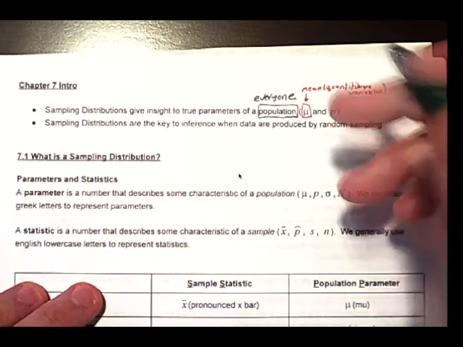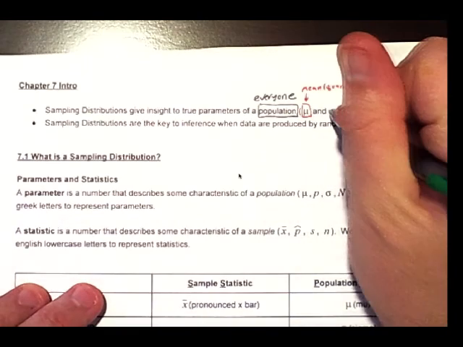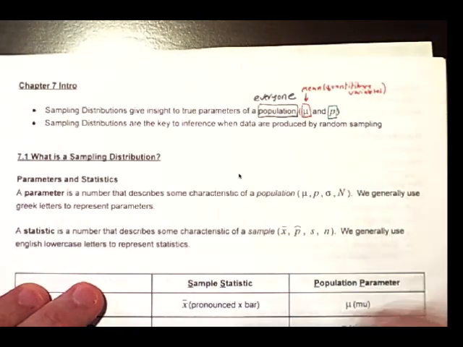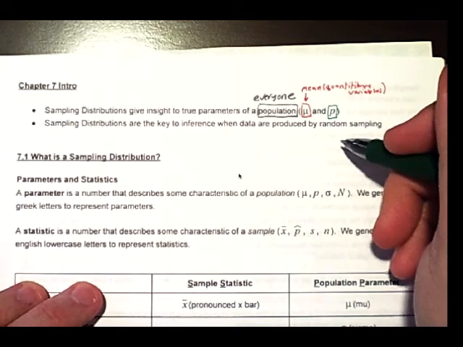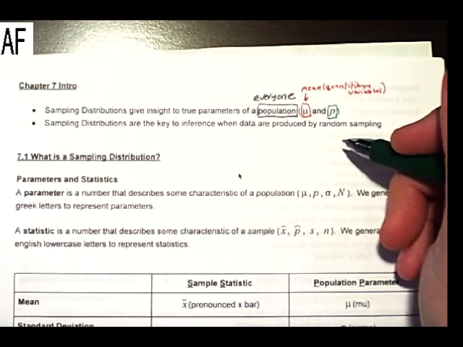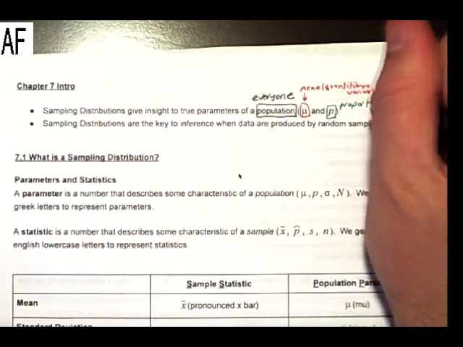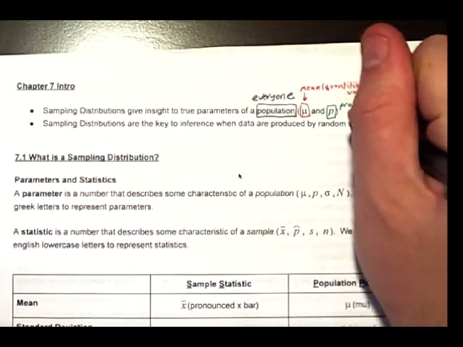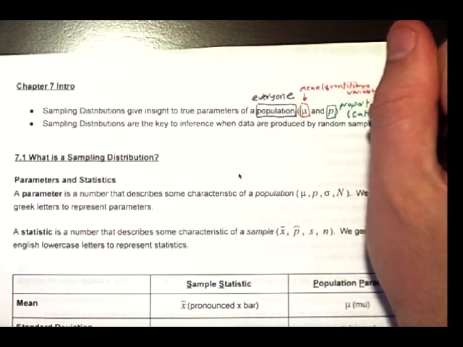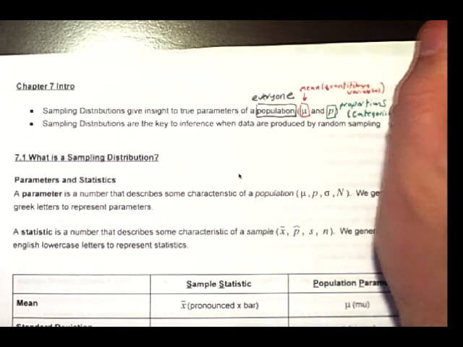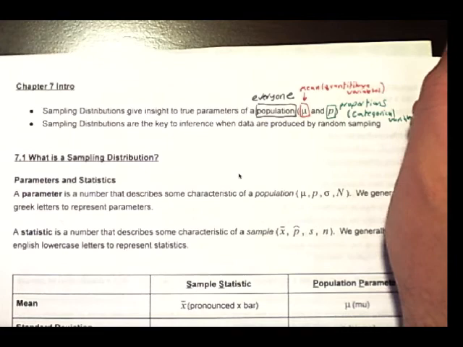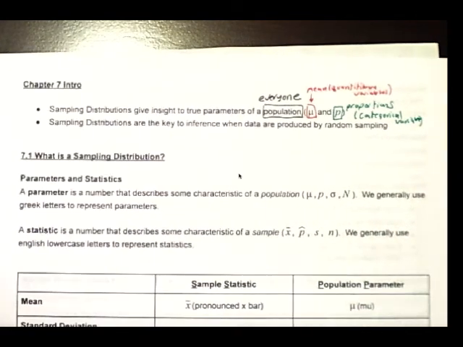And then for proportions, we use that Greek symbol, which is pronounced rho. I know it looks like a P, but it's actually pronounced rho. So this is for proportions. It's usually involving some type of categorical variable. So that's the major idea.